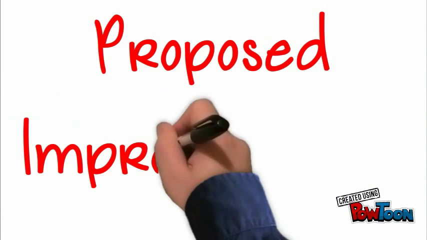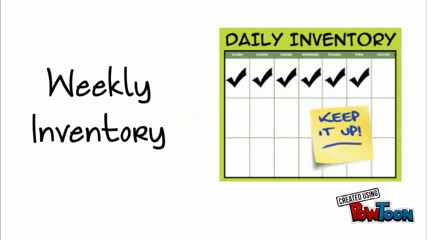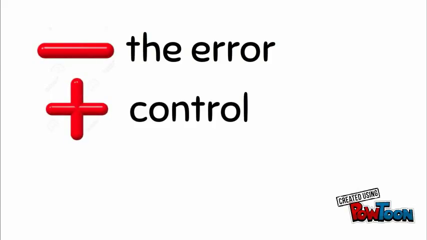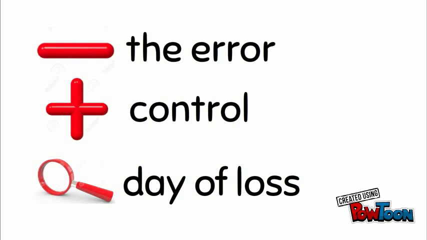Proposed improvements. To carry out a daily inventory count instead of a weekly one in order to reduce the error, increase control and to be able to easily identify the day in which a loss went by.